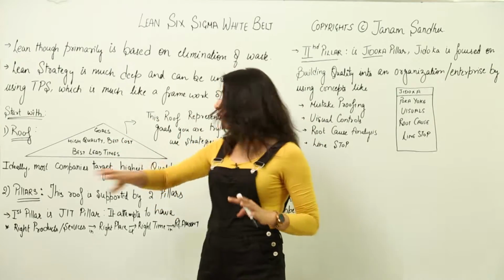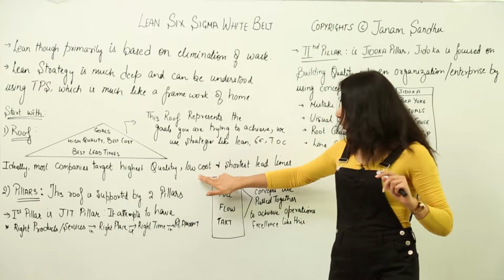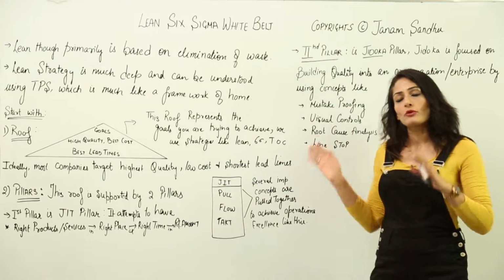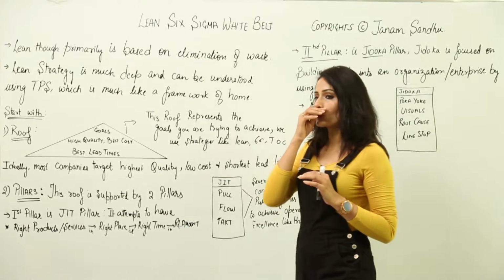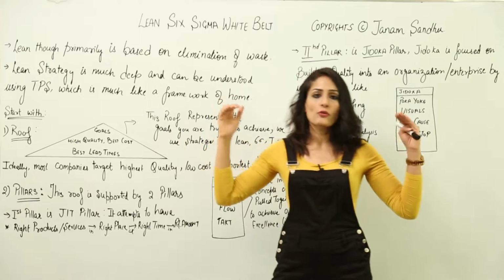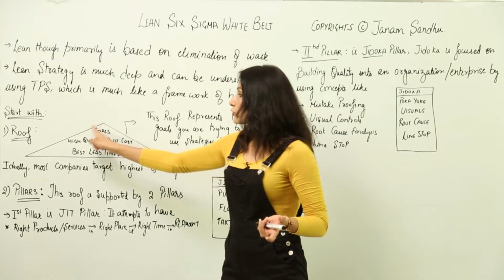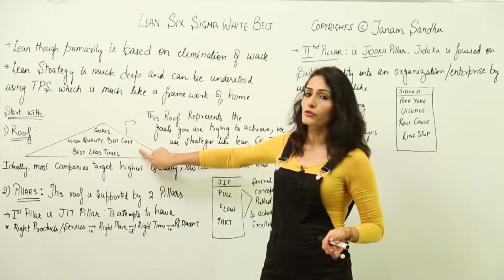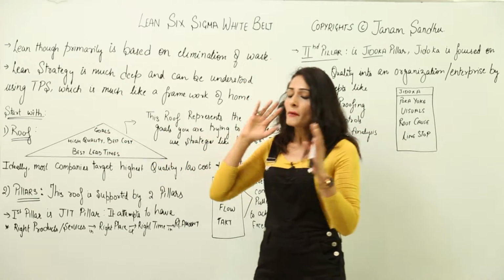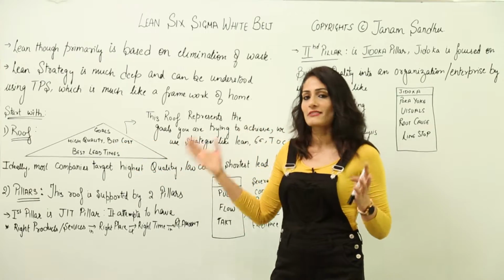Ideally most organizations target highest quality, low cost and shortest lead time. So, if you are trying to make your own TPS system or your house of quality, you can write your goals over here. That is the goal for most organizations today, to get high quality, best cost, best lead times.